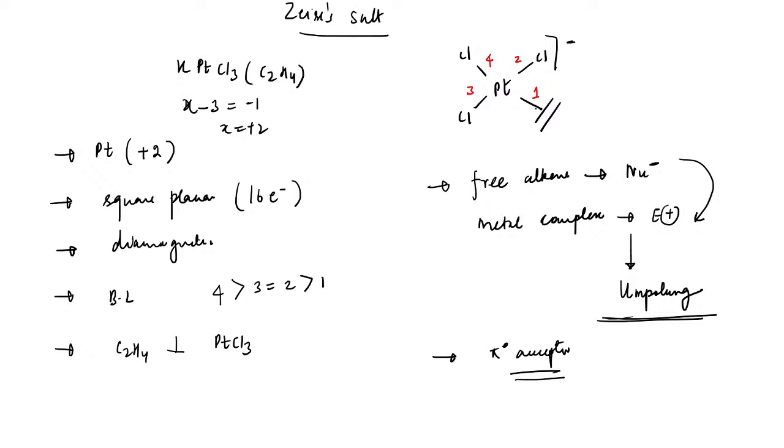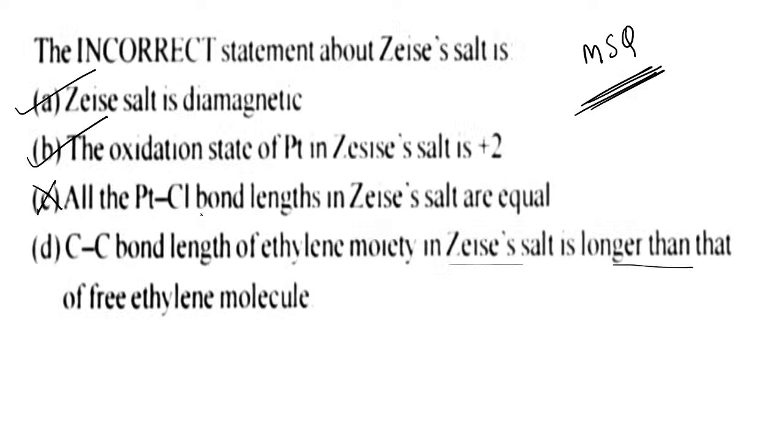So the C-C bond length of the ethylene moiety in Zeise's salt is longer than in free ethylene.